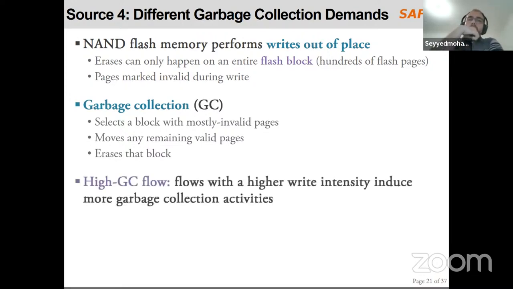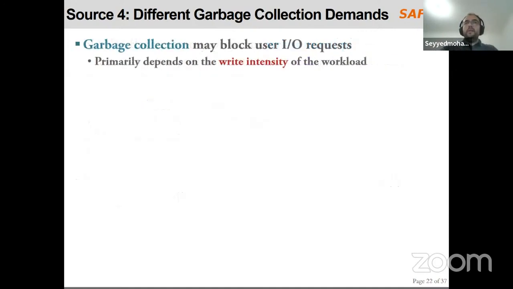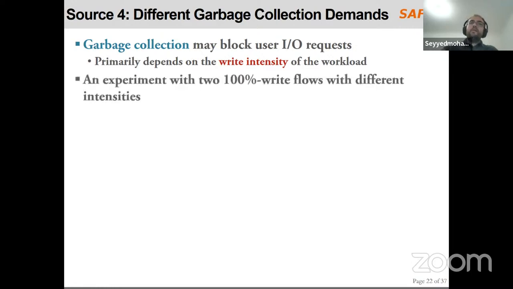The problem is that some flows have high GC demand. Flows with higher write intensity induce more garbage collection activities. Garbage collection may block user IO requests, which usually happens and primarily depends on the write intensity of the workload. So when we have two workloads and one of them has high GC demand, it can interfere a lot with the second workload, which does not have high GC demand.